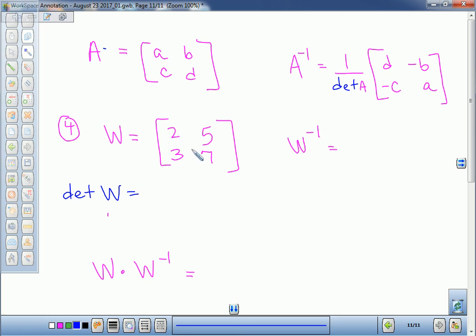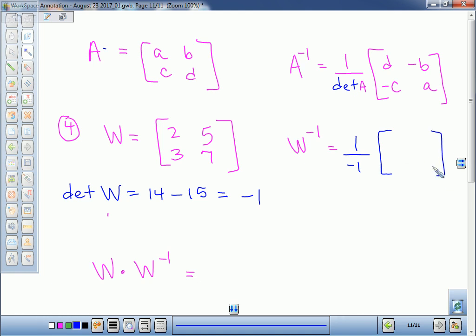It is 2 times 7 minus 3 times 5. Oh, I picked myself an easy one. Negative 1. The one I picked for you is not as easy. So, that's how I start: 1 over the determinant. I created this nice integer scalar for me to multiply by in just a moment.